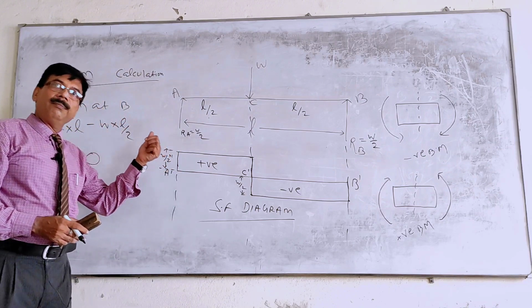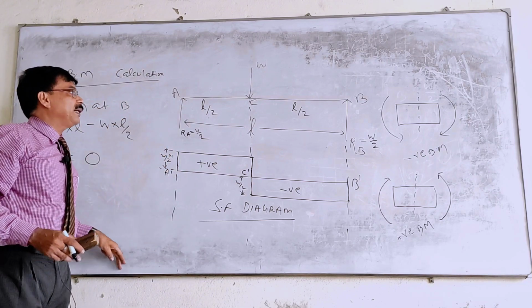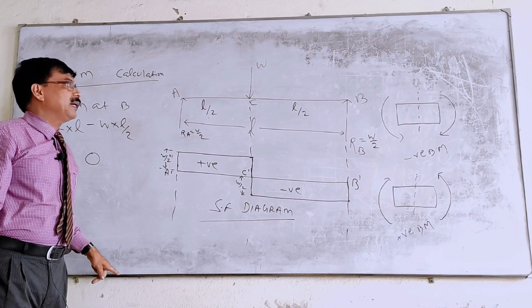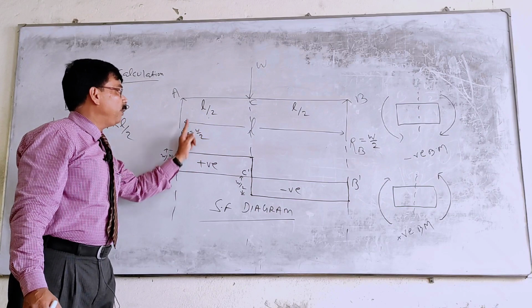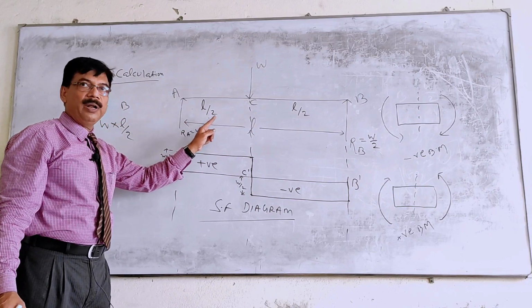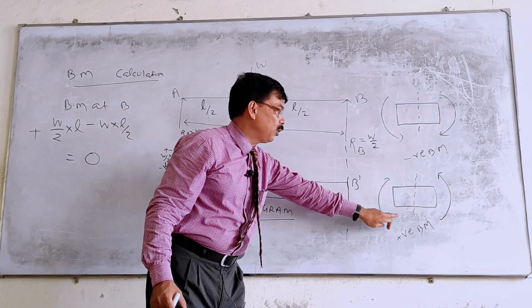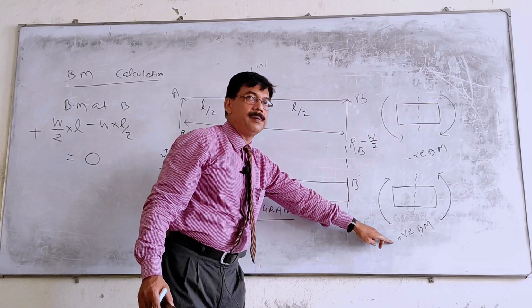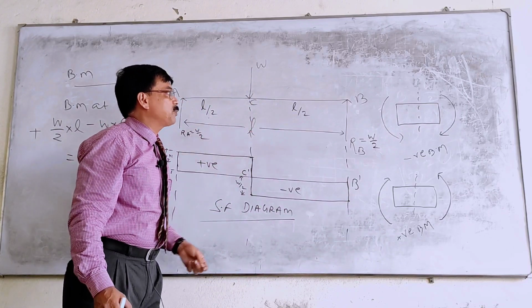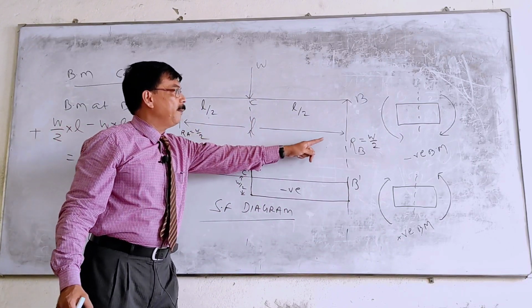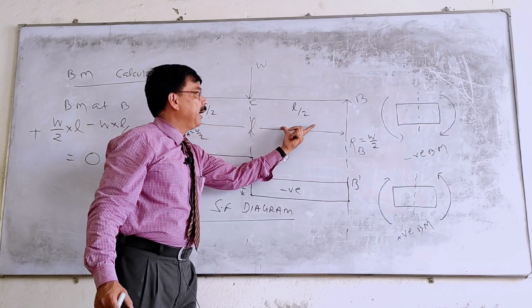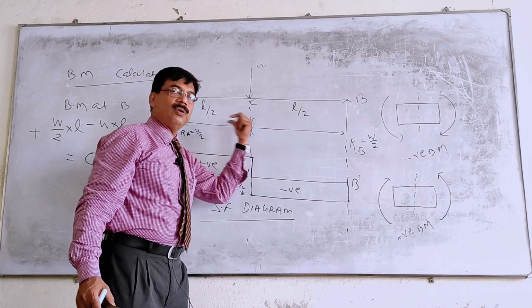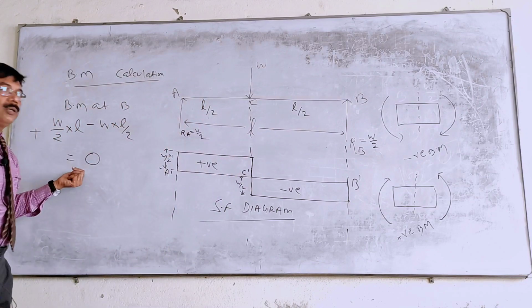Now again I am repeating: bending moment at A is 0. Bending moment at C: load is W/2, distance is L/2, so W/2 into L/2, WL/4, and the sign is positive. Next, bending moment at B, the last point: W/2 into L, sign is positive; W into L/2, sign is negative. So WL/2 minus WL/2, value is 0.